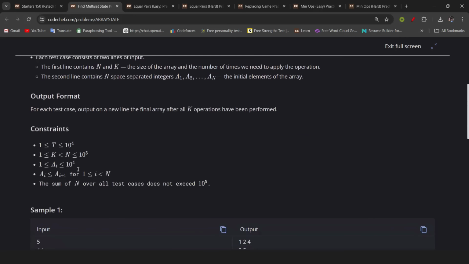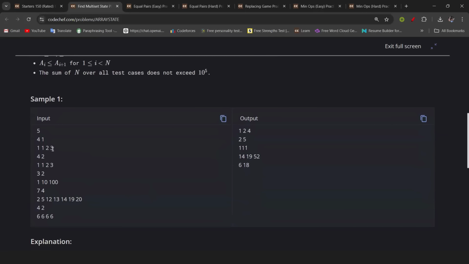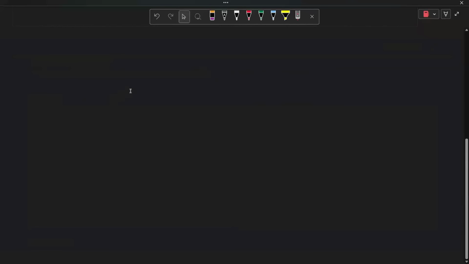Okay. So you are given that k and a and n are up to 10^5. So let's pick this first example. You are given this array of length 4 and you are given k equal to 1.